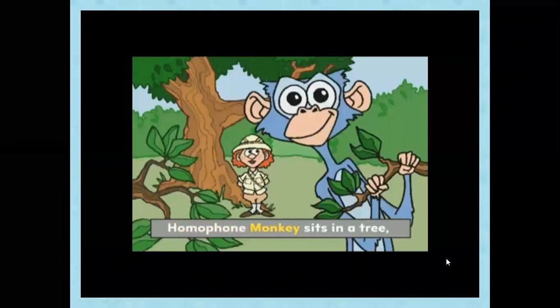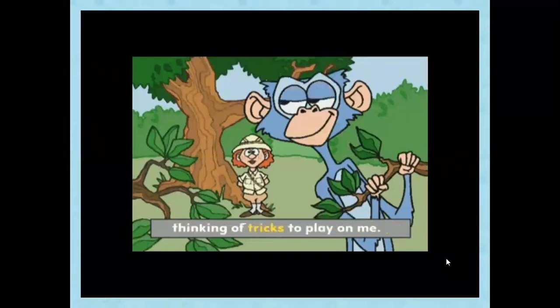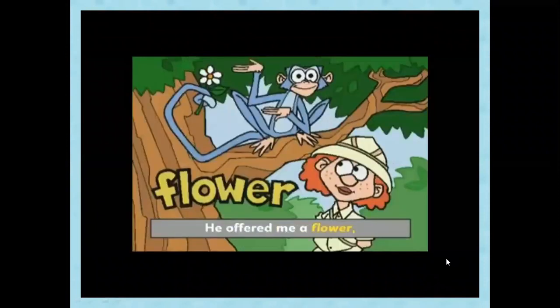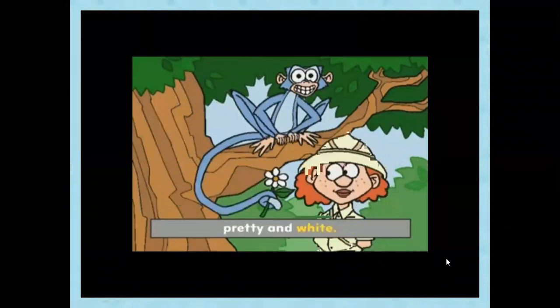Homophone monkey sits in a tree, thinking of tricks to play on me. His homophones, they sound the same, but mean something different. That's his game. He offered me a flower, pretty and white, then dumped flour on my head. What a sight! He winked at my shoes.